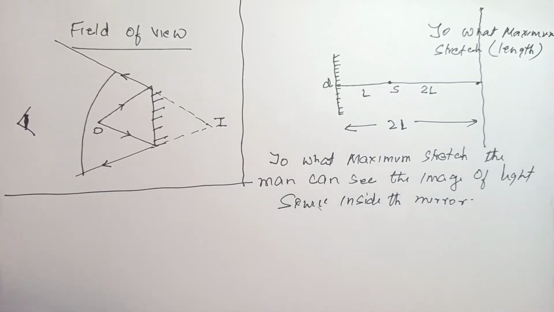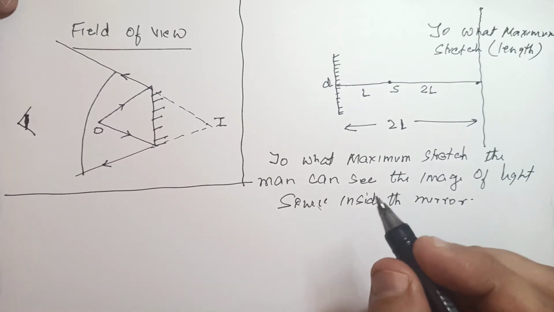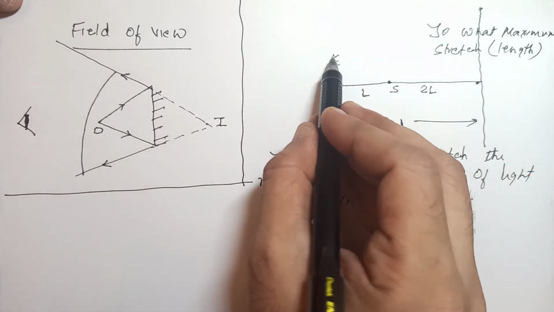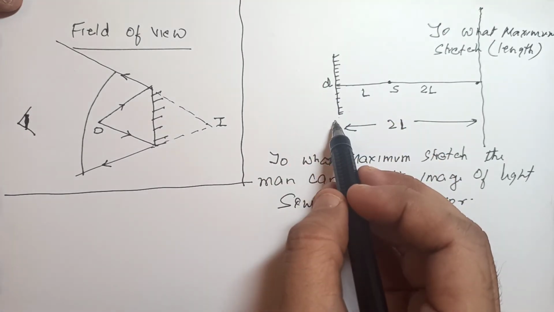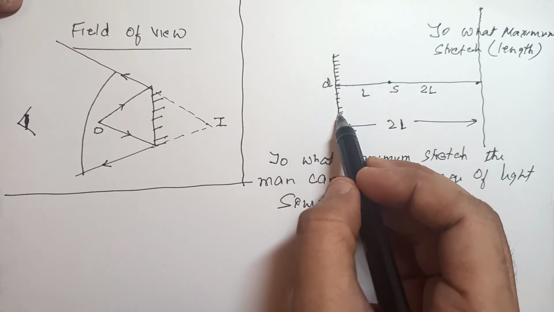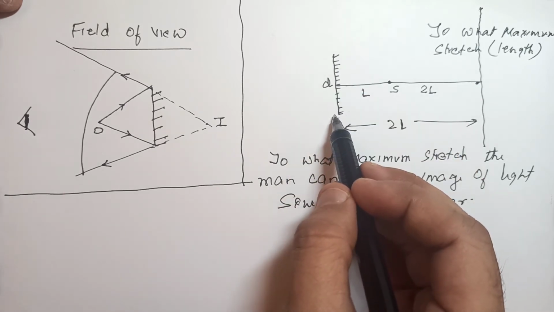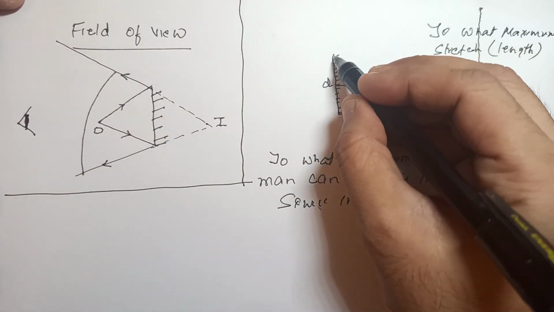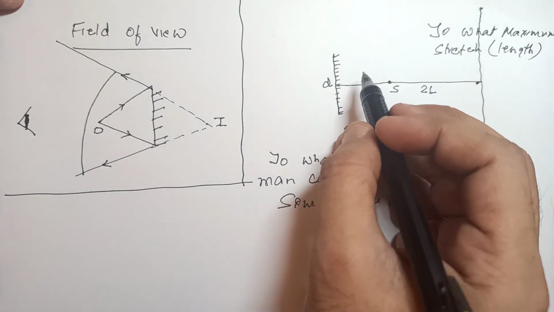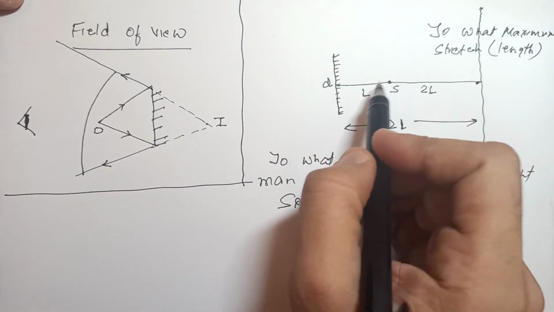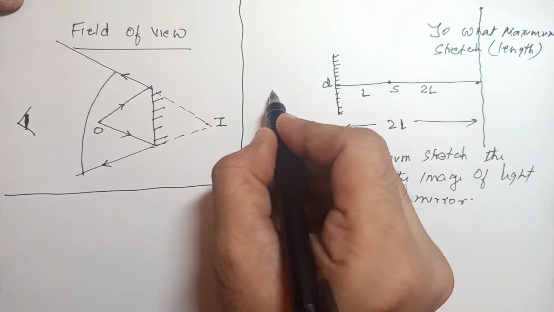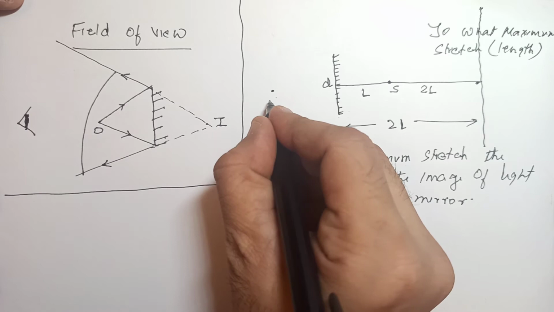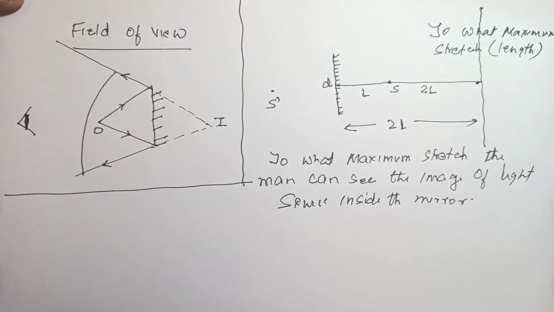So first we will take the extremes of the mirror which we are talking about. If this is the mirror and this is a source, the image will be formed somewhere here. Let's say this is S dash.